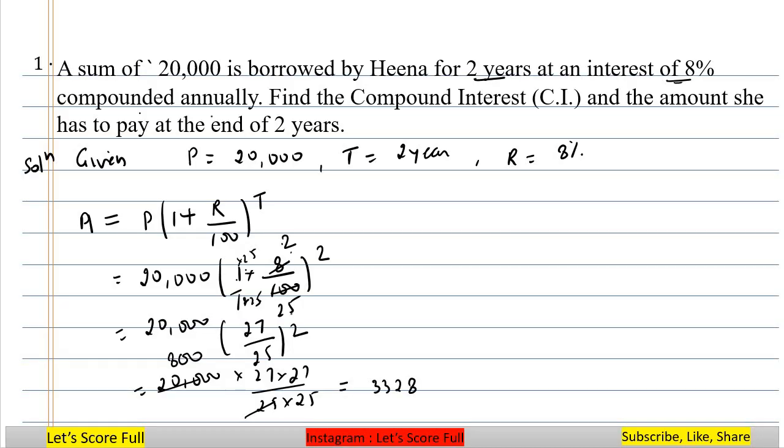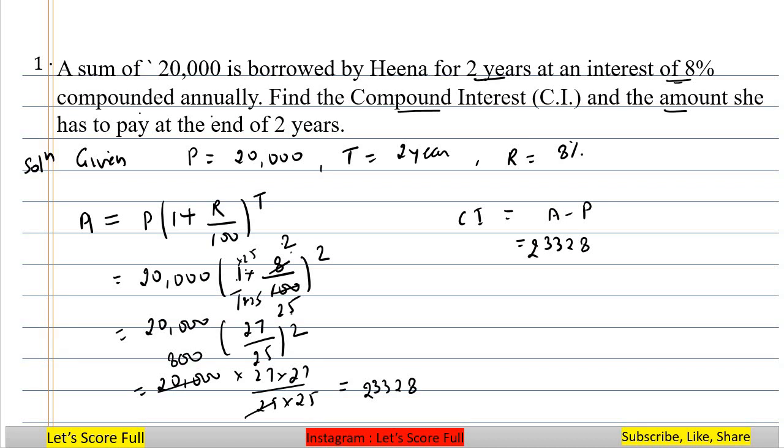Correct? Now, if this is the amount she has to pay, what is the compound interest? See, compound interest we have studied is amount minus principal. So amount she is paying, sorry, I think I did the calculation wrong here. It is 23328. Multiplication was wrong.